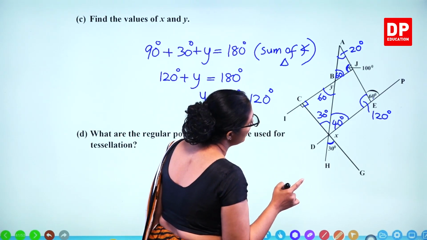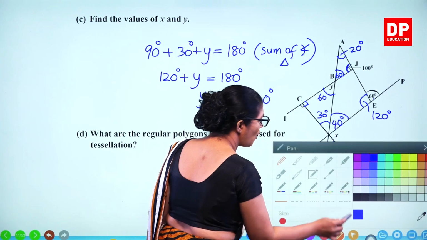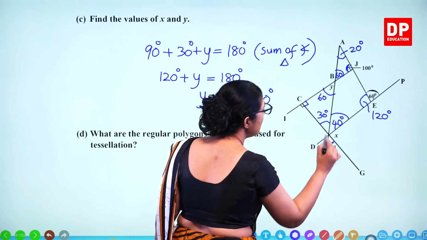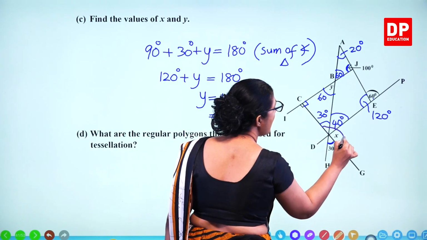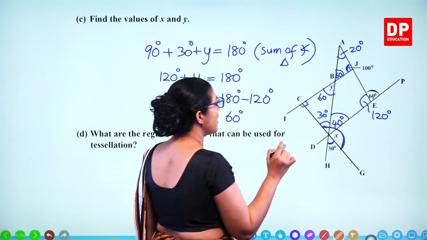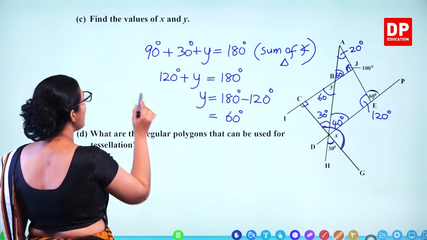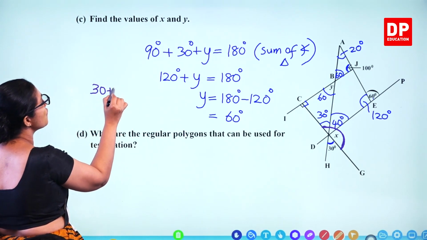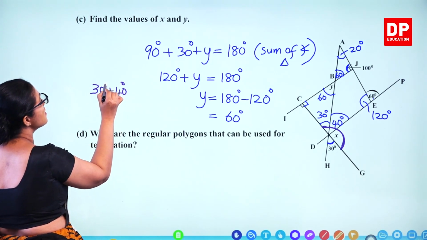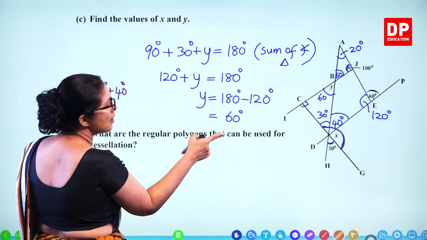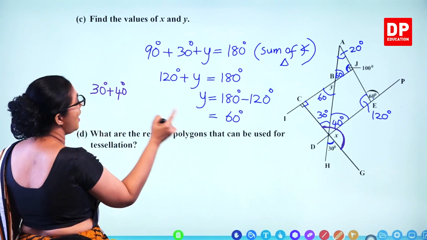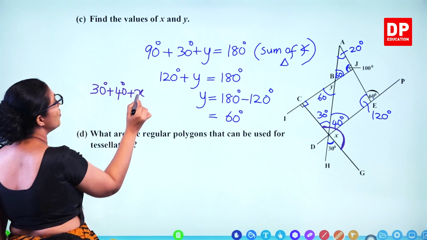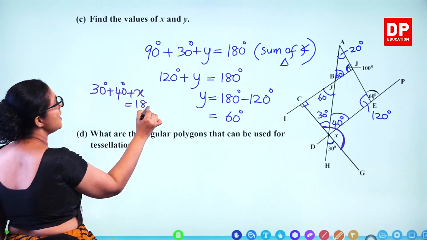Now we can easily find out the x angle. This whole thing is 180. Straight angle. So 30 plus 40, 30 plus 40, and we'll write x also. That's equal to 180.